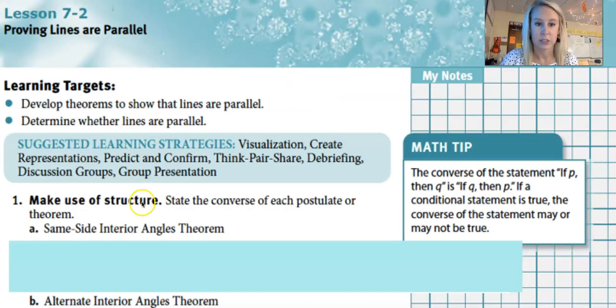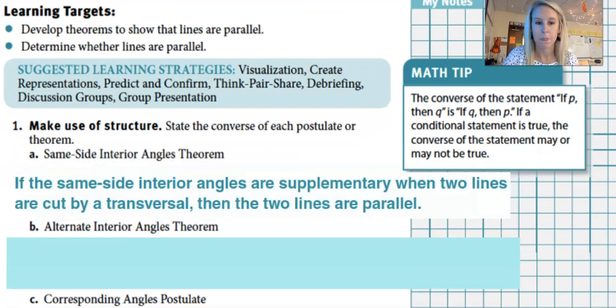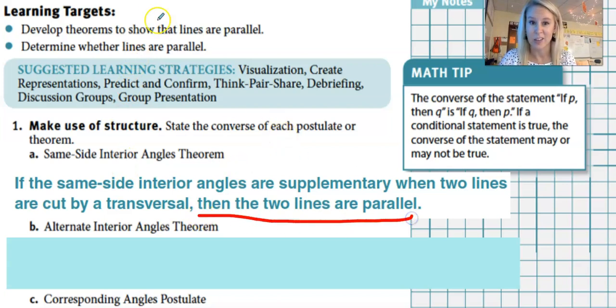So what that looks like, it says if the same side interior angles are supplementary when two lines are cut by a transversal, then I know the two lines are parallel. So I took the statement, if two lines are parallel and cut by a transversal then, and I flipped it around. So a hint is that the two lines are parallel is going to be at the end of all my statements. Okay, so I'm just working backwards.